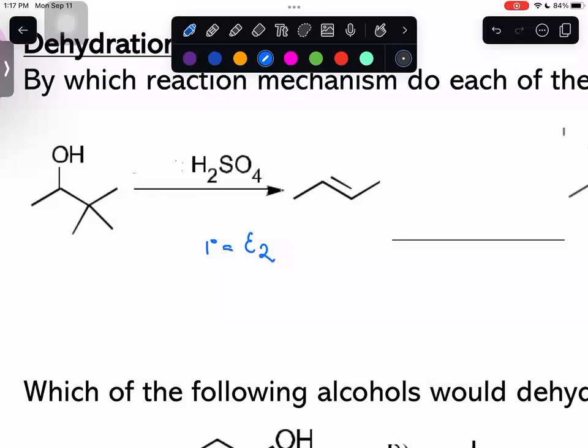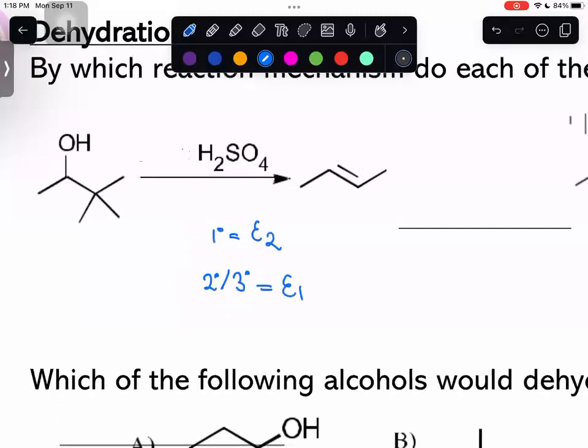I want to point out that this only applies for H2SO4 or any acids in general. There's only going to be one exception that we'll talk about next. But in general, primary alcohol, you just follow the E2 mechanism. If it's secondary or tertiary, we follow the E1 mechanism. Those are just our basic rules that we learned in Orgo 1. Are you going to be asked to show the mechanism? No.